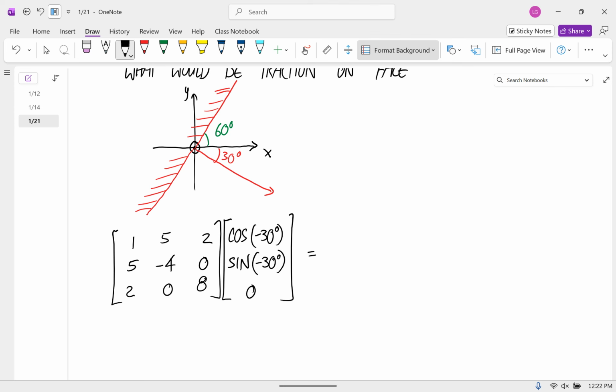And so we have 1, 5, 2, 5, -4, 0, 2, 0, 8. And we're multiplying that by 0.866, -0.50.